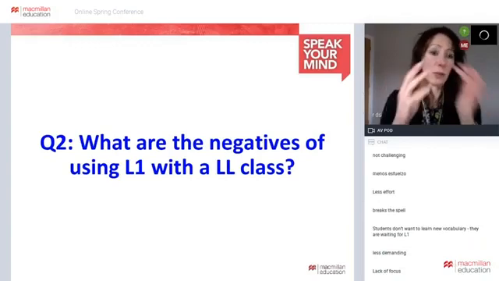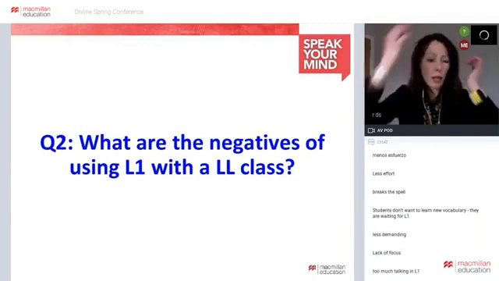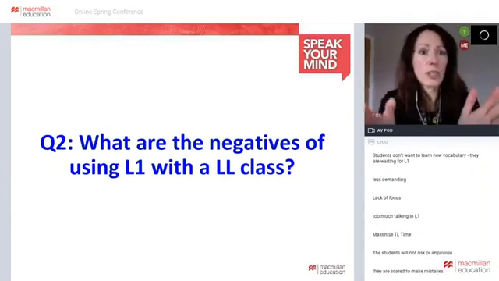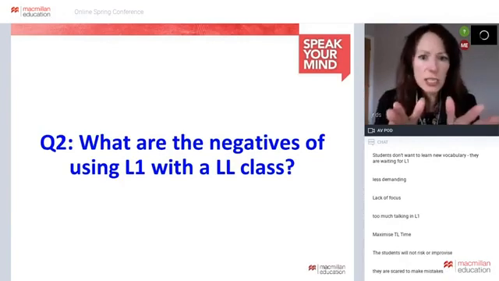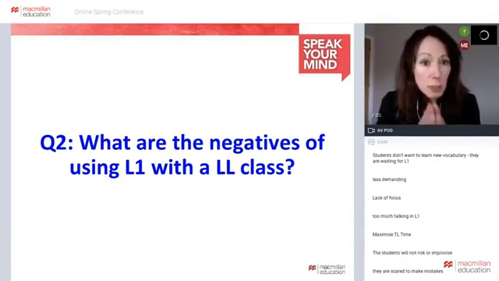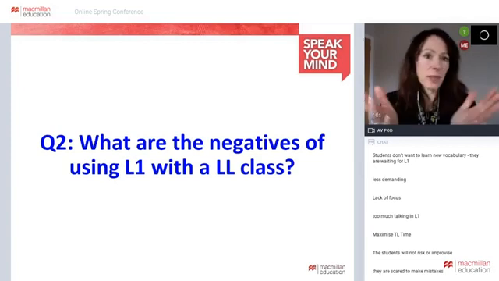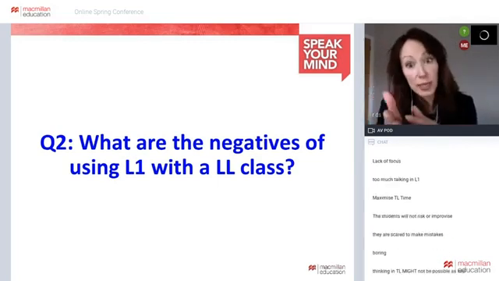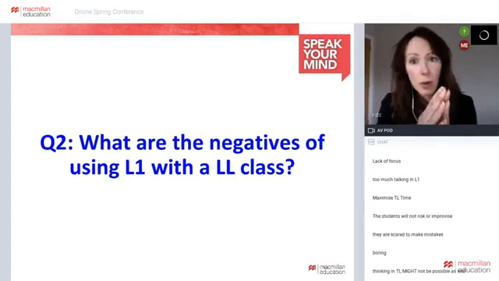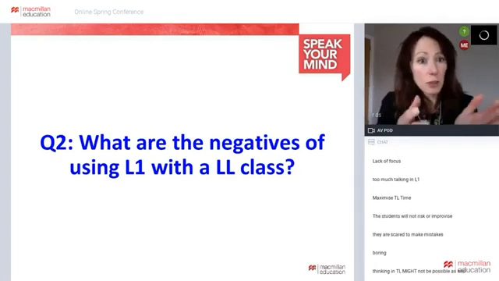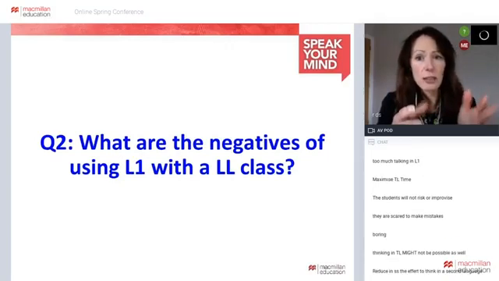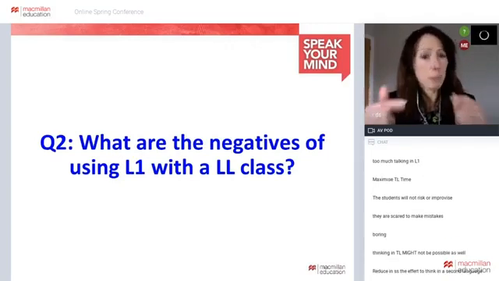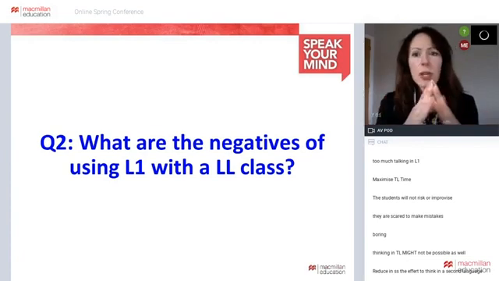I think sometimes it's not even an option anyway. If you have a multilingual class, if you have 5-6 languages, unless you're a polyglot, I'm sure some of you are, unless you can speak all those languages, it's not going to work. It can result in too much talking in L1, over-reliance on L1, students making less effort, a lot less exposure to the second language, and in most cases, people are paying to come there and learn that second language.